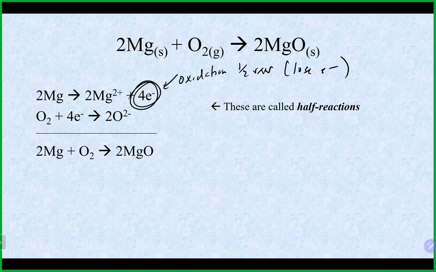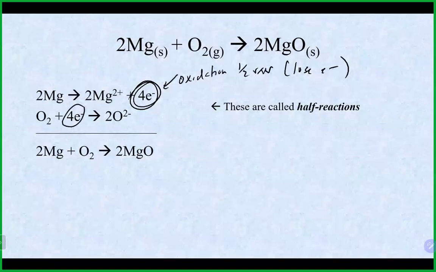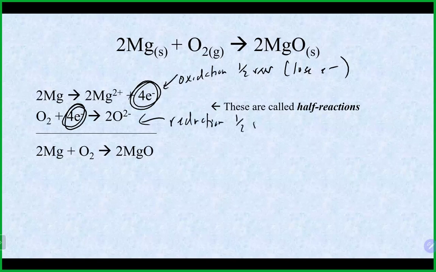And here our oxygen, as we talked about, are gaining electrons. So this is what is sometimes referred to as the reduction half reaction. And in this case, the electrons are actually on the reactant side, which means that they're actually being gained by the oxygen. They are called half reactions because when you add them back together, the electrons completely cancel out and you get the overall reaction that's happening here.